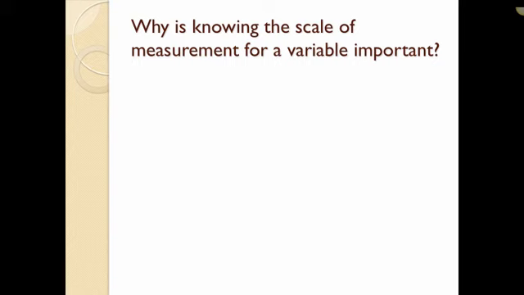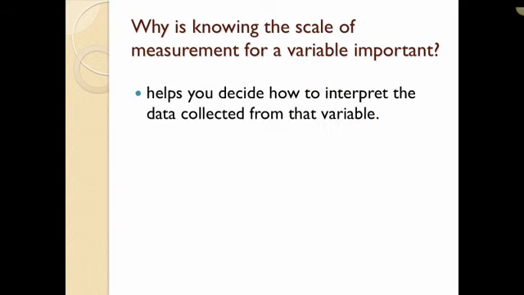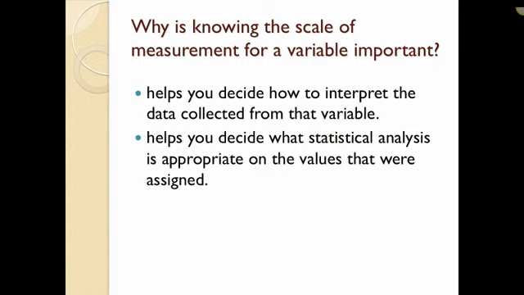Okay, so knowing the scale of measurement, again, in quantitative research is very important because it helps you decide how to interpret your data as well as what statistical analyses are important or appropriate. For instance, if you have a nominal scale of measurement, you really can't calculate the average on that scale. Think about it.